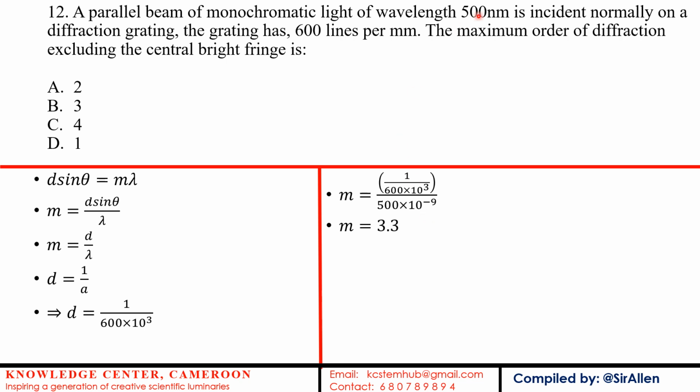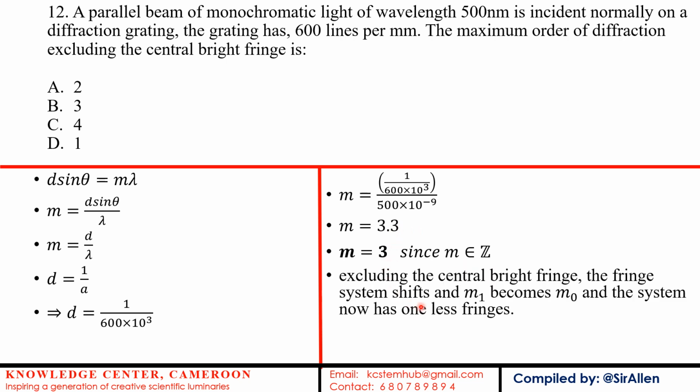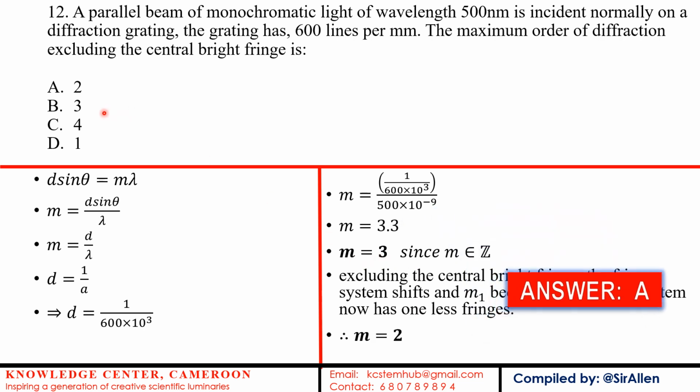But remember the examiner says we are excluding the central bright fringe, and order belongs to Z. So 3.3 is not in Z. This decimal part means that it is not an integer, so we have to take it off and maintain 3. So if we're excluding the central bright fringe, the fringe system shifts, M1 becomes M0, and the system now has one less fringe. Because we're excluding that central bright fringe, there are going to be 2 orders now. So our answer is A.